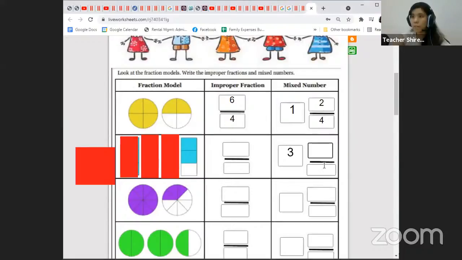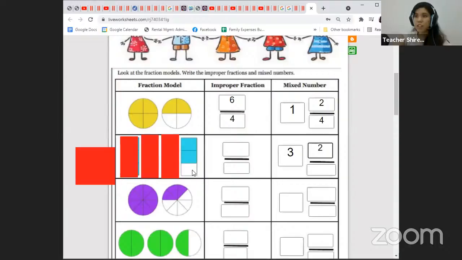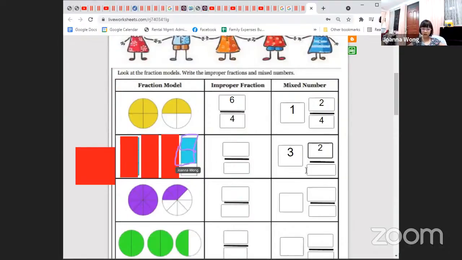What over what? 2 over 1? Just now, fraction. 2 over 3. That's right.